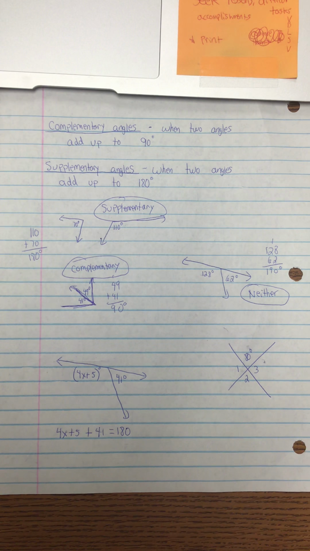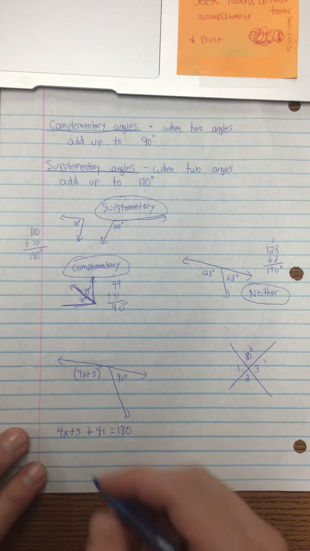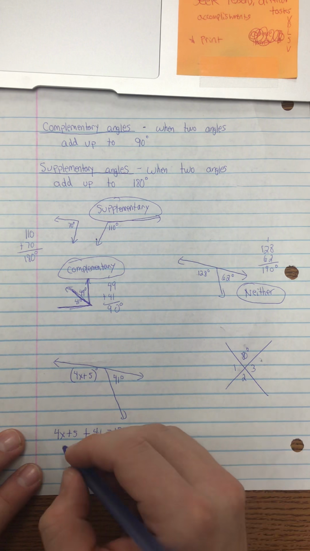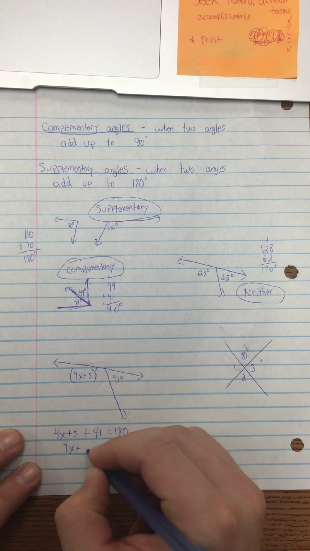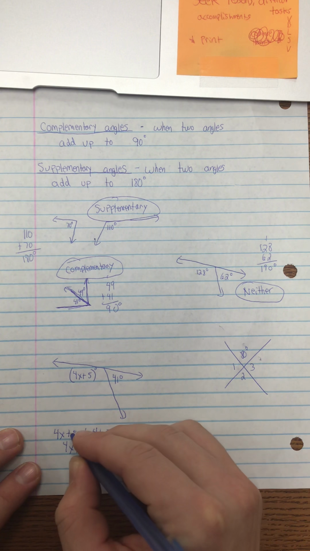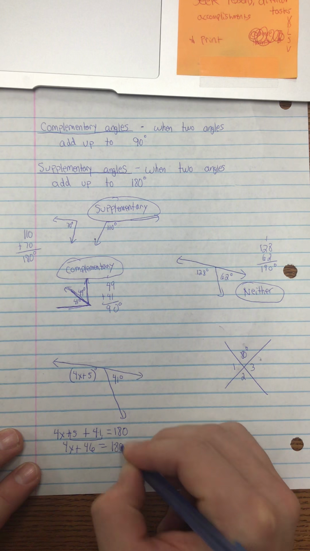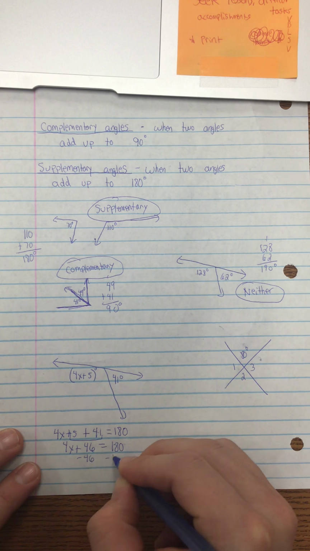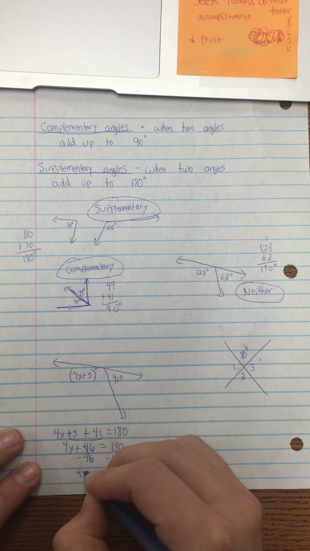Okay, all right. 5 plus 41, we can clean that up. I have 4x plus 46, just cleaning my like terms up. Now it's a two-step equation. I'm going to subtract 46 from both sides.